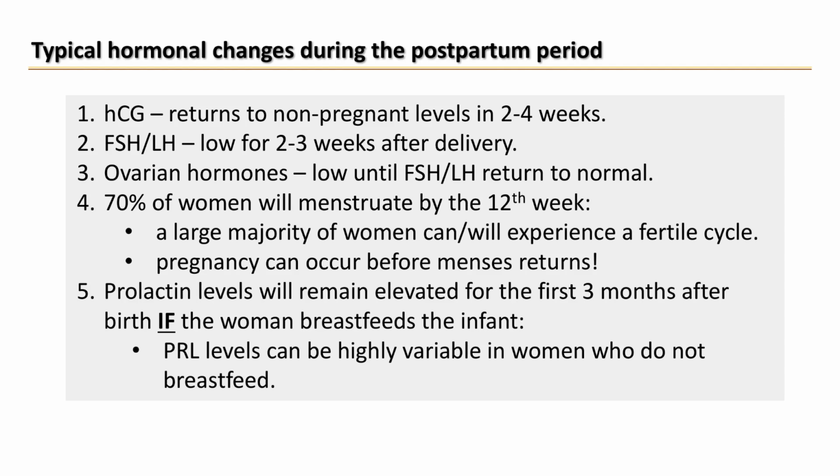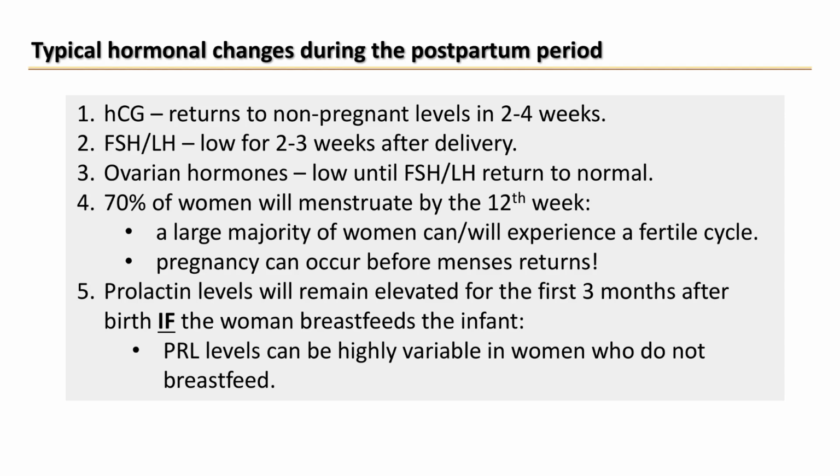Prolactin levels, which recall were very elevated during pregnancy, will remain elevated for the first 3 months after birth if the woman breastfeeds the infant. Prolactin levels will then rebound and fluctuate up and down every time a woman breastfeeds if she keeps breastfeeding after those 3 months, which we will discuss in subsequent slides.